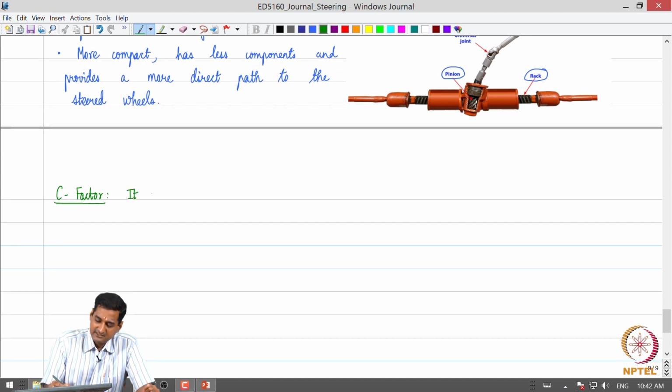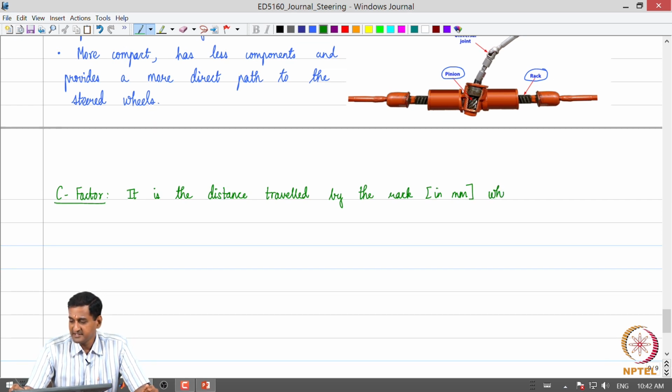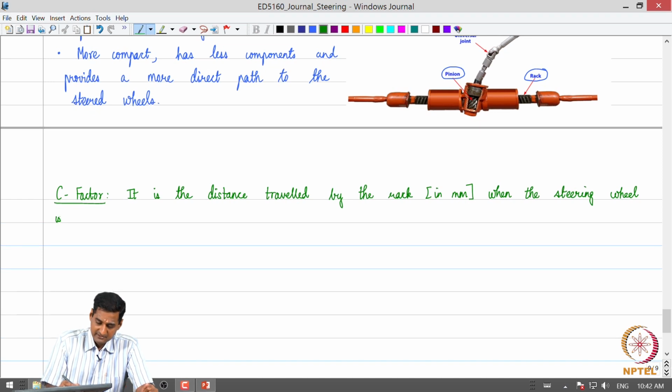The C factor of a rack and pinion system is the distance travelled by the rack in mm, this is a convention to take it in millimeters, when the steering wheel is turned by one revolution.